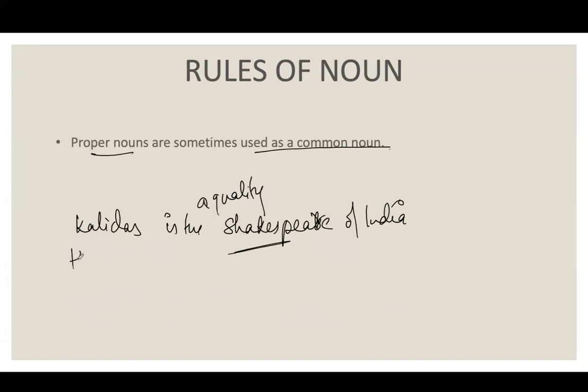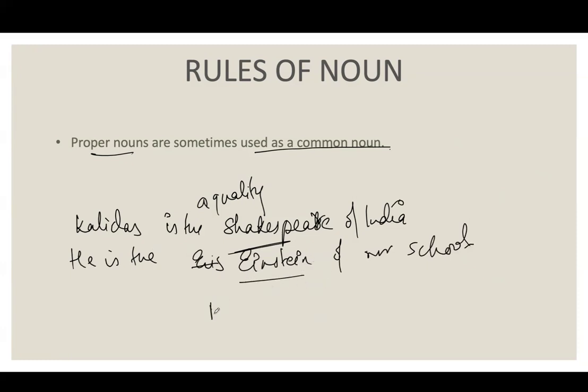If I say he is the Einstein of our school, used as a common noun. If I say she's the Mother Teresa of our colony, I have used it in a common way.